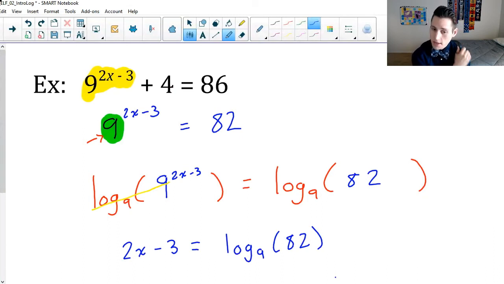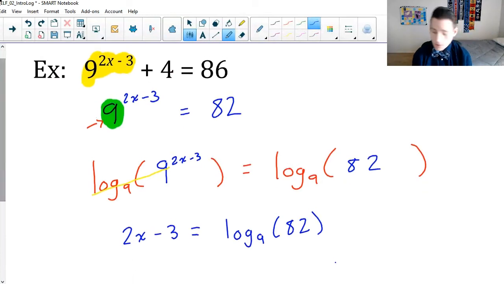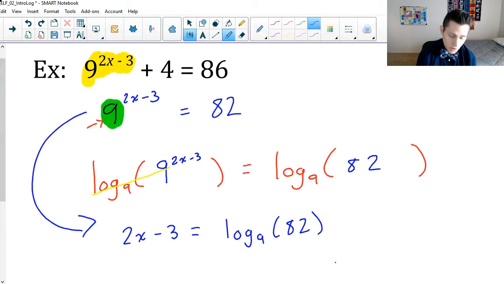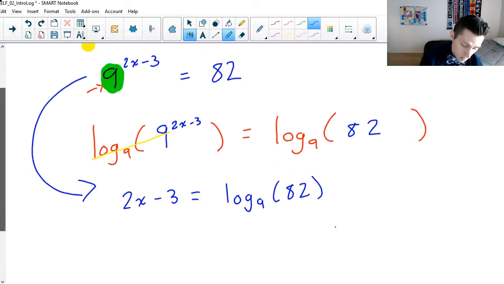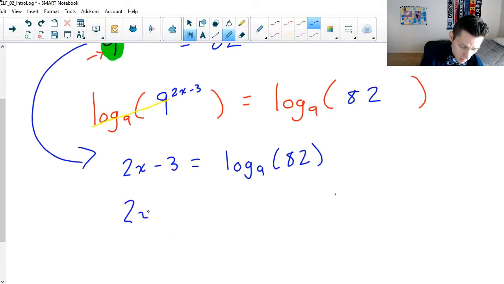All right, so I'm just going to leave it written like this. And like Abby asked about earlier, I'm totally okay with you guys going straight from that first line that I just wrote down to here. All right, no problem. Add 3 to both sides.